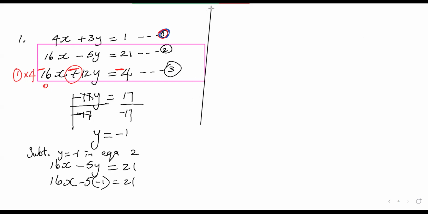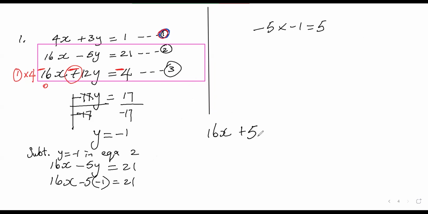All right. So here what I'm going to do, I'm going to continue here. So it's 16x minus 5 times negative 5 times negative 1 is 5. So that will give me plus 5 equals 21.